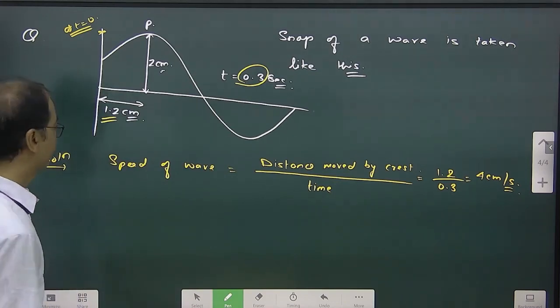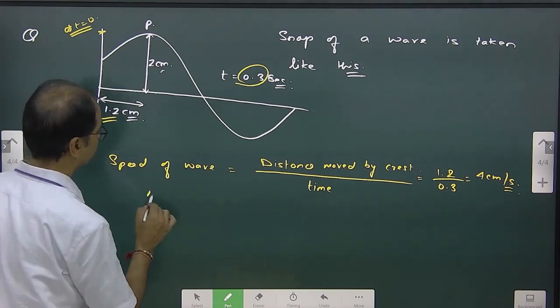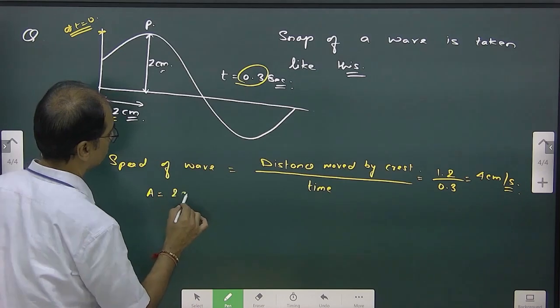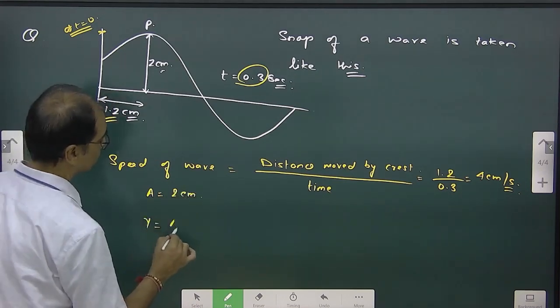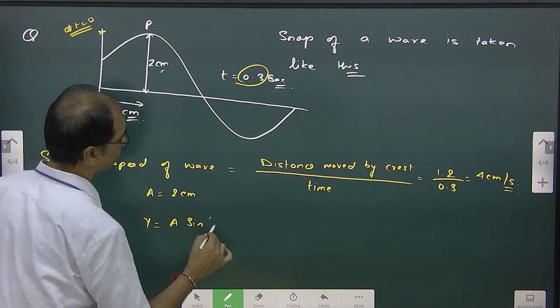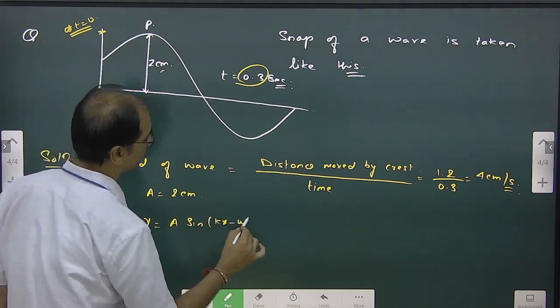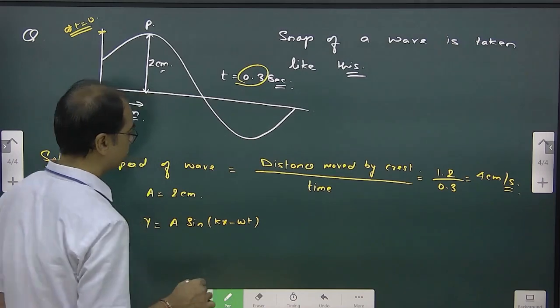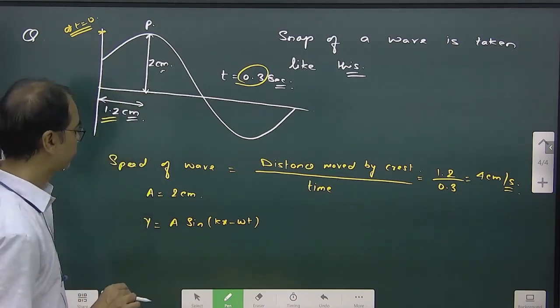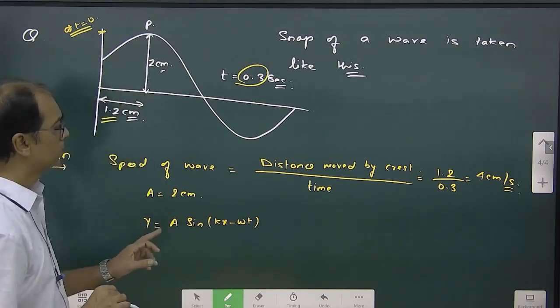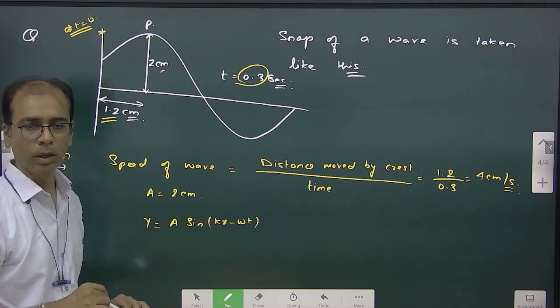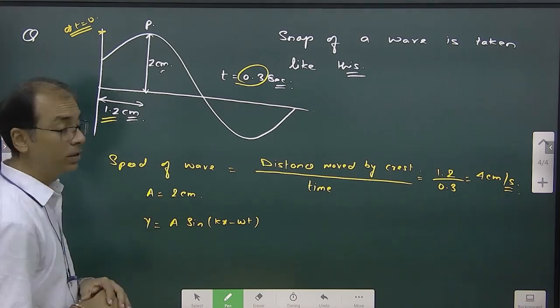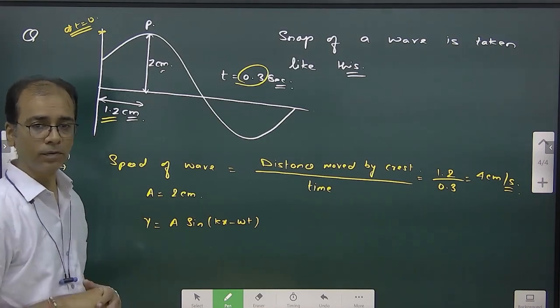Speed we have, amplitude is given. So anytime if we write equation by seeing it, if it is this form, then what is given to me? A I have, speed I have. Okay, A I have, speed I have, but wavelength is not there and frequency also not there.